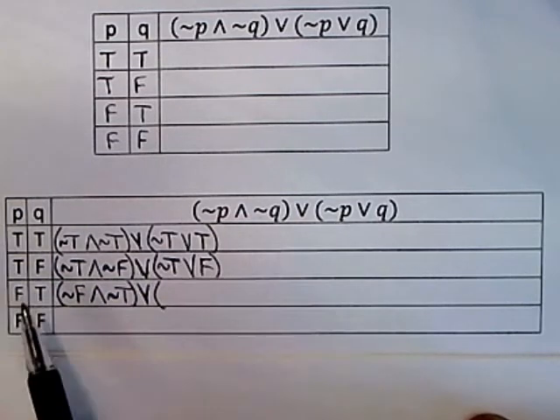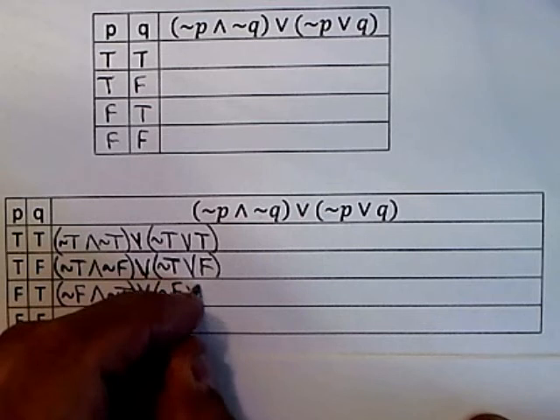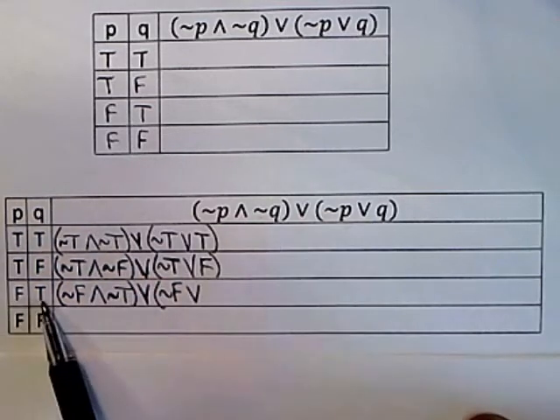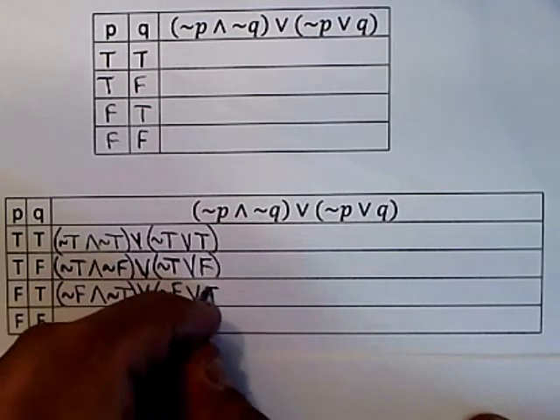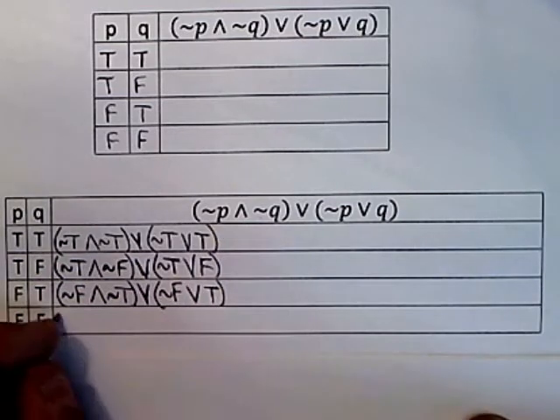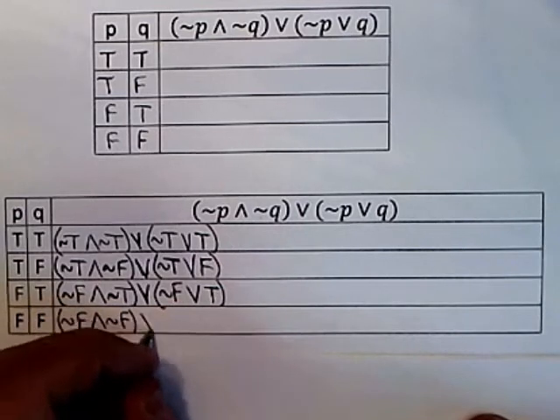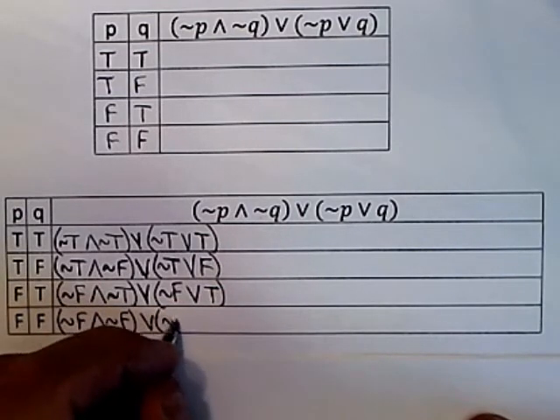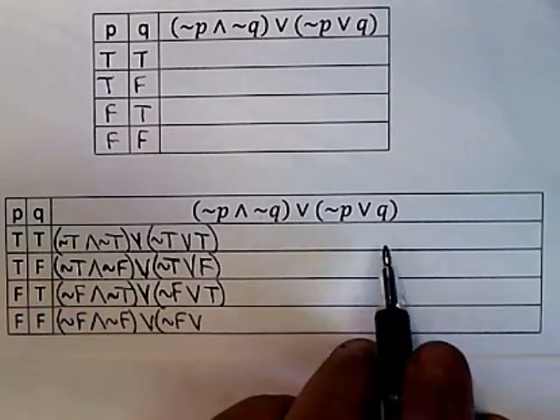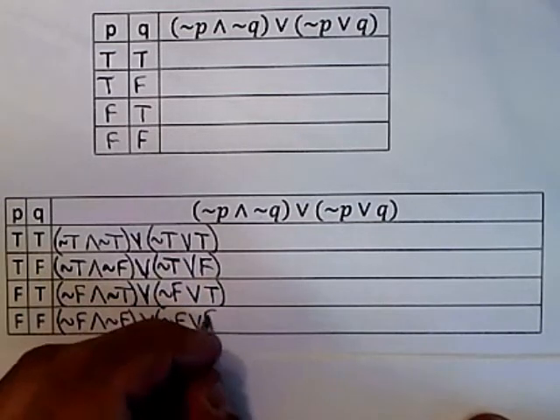Not P would be not false, or Q would be true. And finally, the fourth row, F goes everywhere. So I get not false and not false, or not false and, now there's no negation here, so it's just plain old Q, which is false.